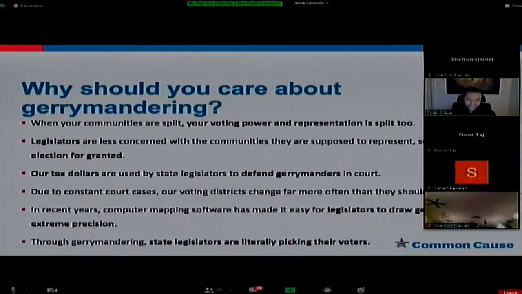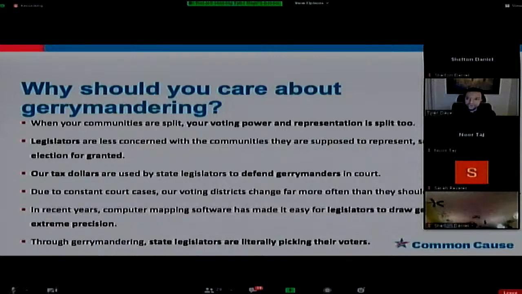Gino talked about that earlier, and this creates confusion. People don't know which districts they're in, and in recent years, computer mapping software has made it easy for legislators to draw maps with extreme precision. They can go down to street level, house by house, and pick who they want to be in each district.